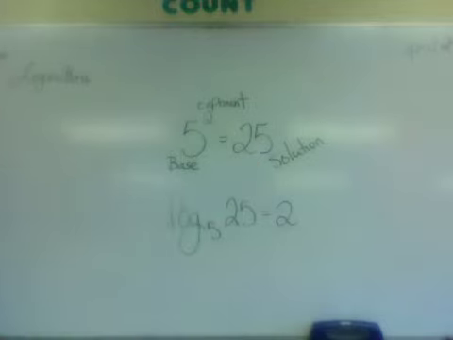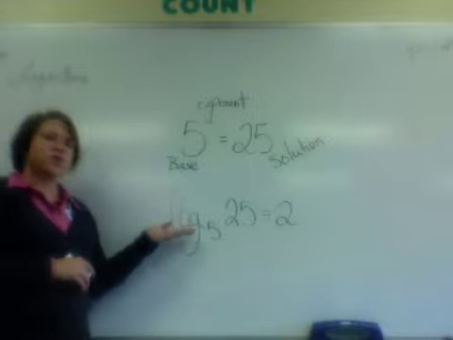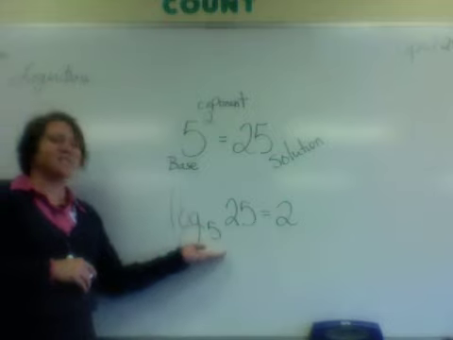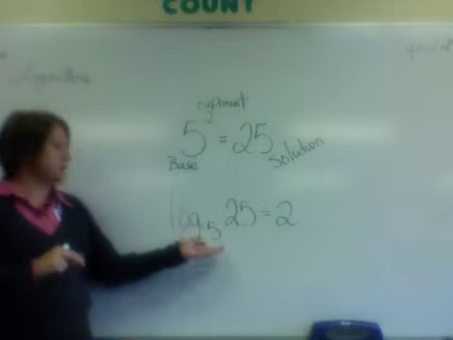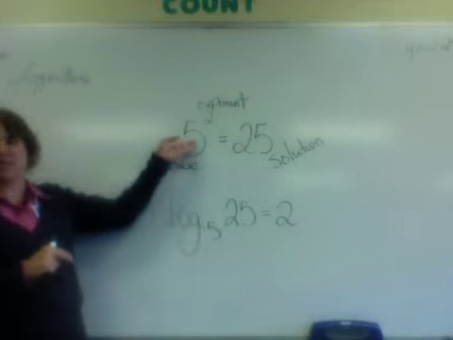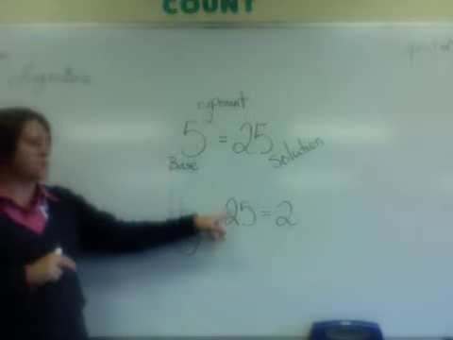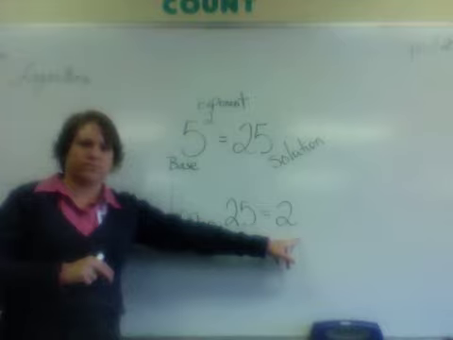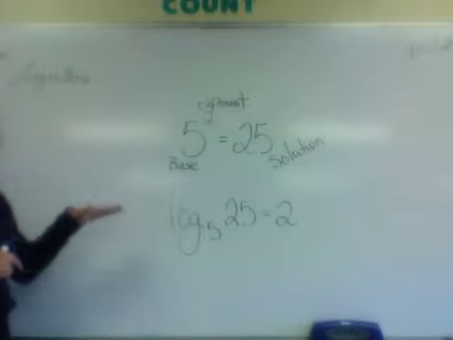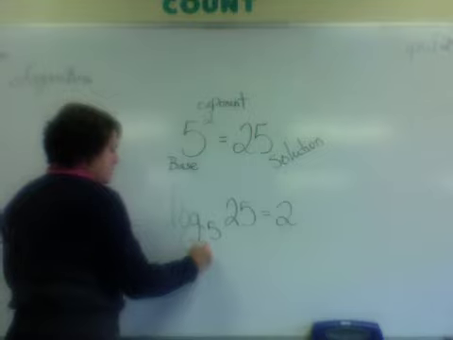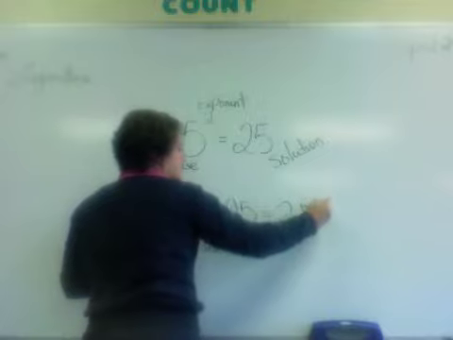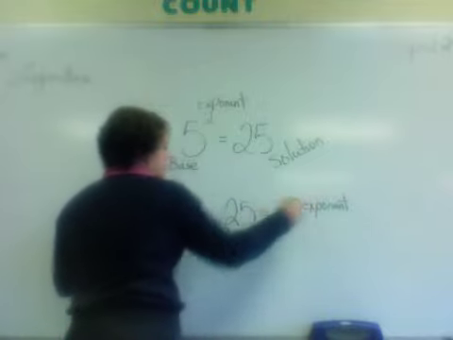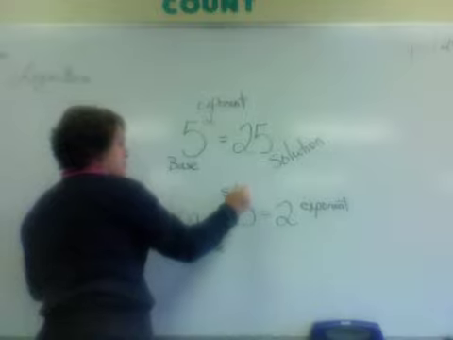It's just written differently. This reads the log to the base of 5. Notice, it even says the base of 5. So it has identified what my base is. Of 25 is 2. In a log expression, this is your base, this is your exponent, and this is your solution.